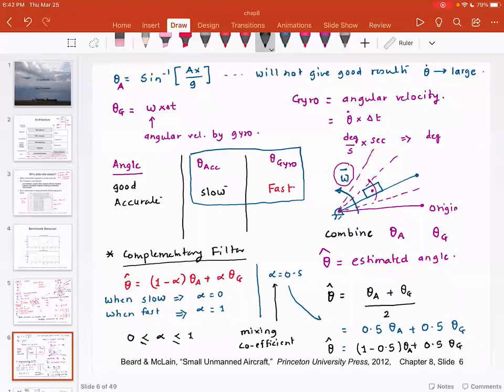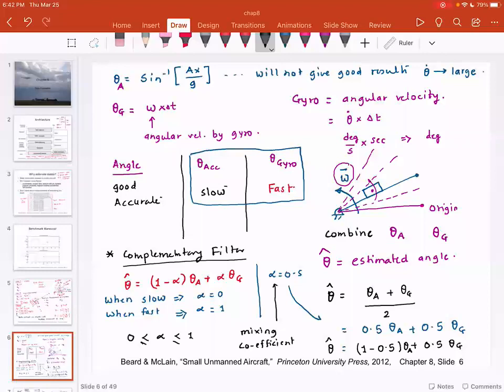Now, I want to pause here for a minute and make sure that we understand this concept. Everyone understood that this mixing coefficient is changing, and this mixing coefficient is dependent on how fast or how slow this platform is moving.